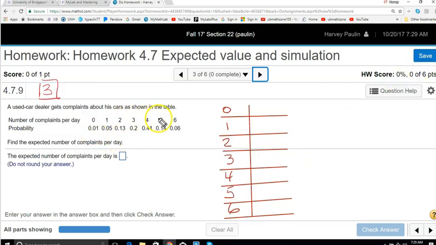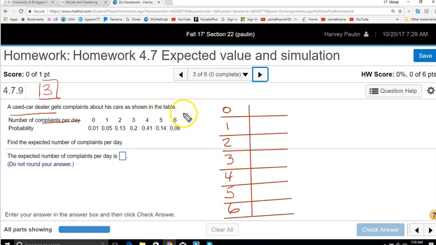Now, for example 3, again, I'll help you set it up similar to the previous example. Here are the number of complaints per day a used car dealer expects. So 0, 1, 2, 3, 4, 5, 6.